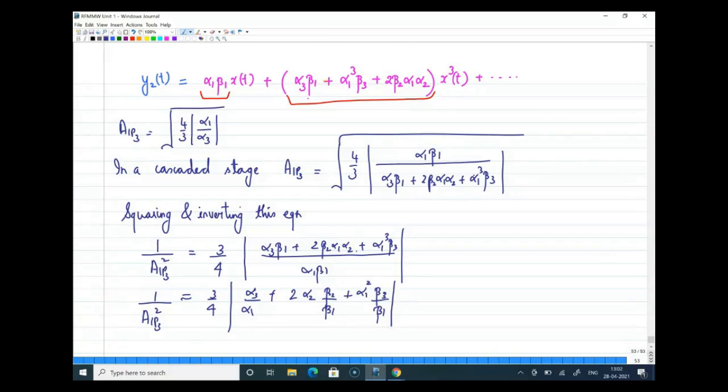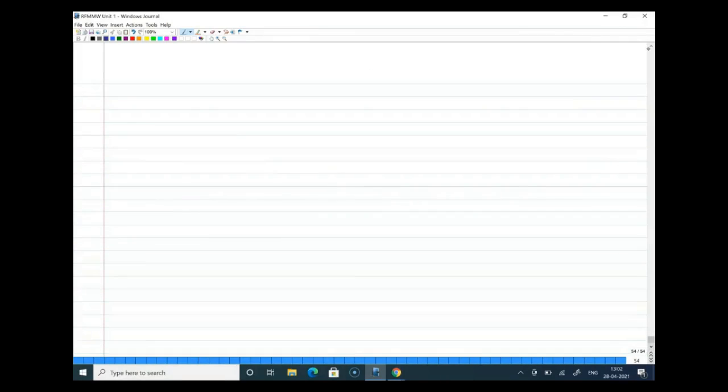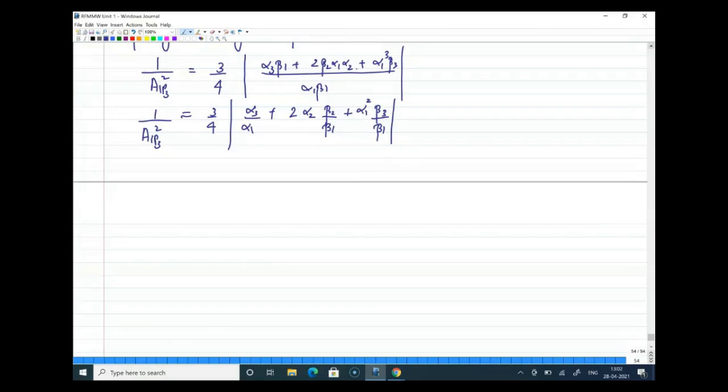I hope you are following me on what I'm doing with certain approximations here. Right. Now I'm further simplifying this, doing a little more simplification on this.